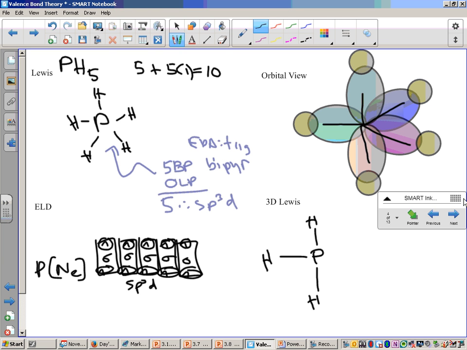This guy here's got to come out front, so it's going to be a wedge. And this guy has got to go in behind a little bit, so it's going to be a squiggle. And I'm going to make this H maybe a little bigger than this H so I can give it a little bit of perspective. And we have our 3D Lewis diagram representing a trigonal bipyramid.